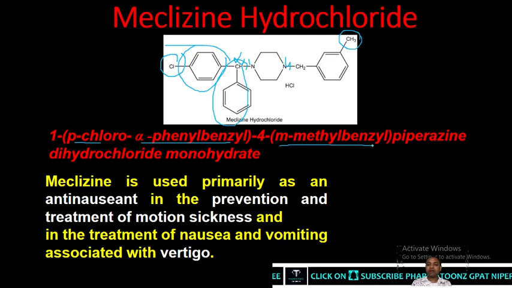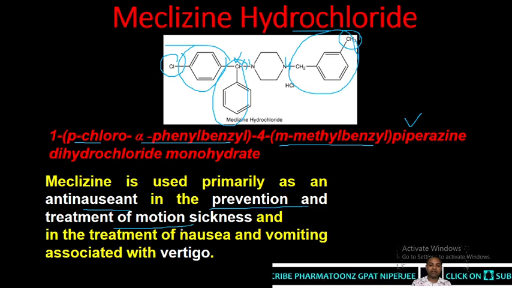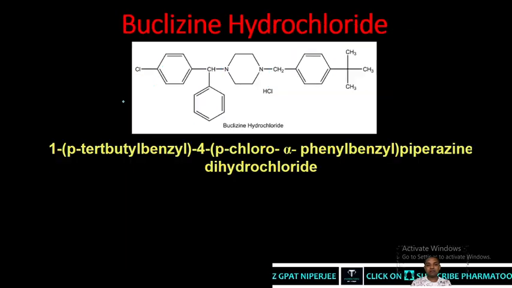So meta-methylbenzyl, and the last is piperazine. Meclizine is primarily used as an anti-nauseant in the prevention and treatment of motion sickness, and also in the treatment of nausea and vomiting associated with vertigo. So these are the important uses of meclizine.